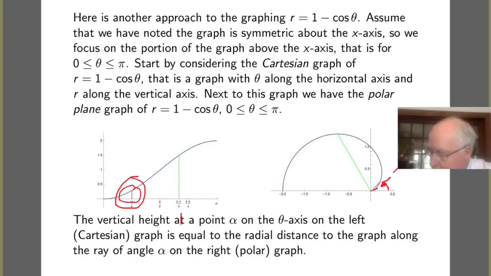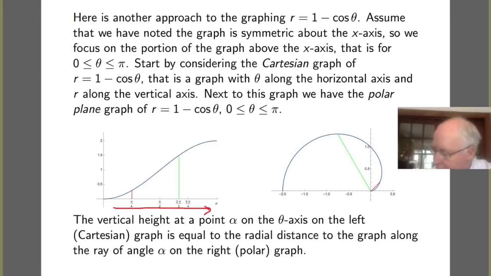Likewise, for the green segment here at 2 pi over 3, here's our angle of measure 2 pi over 3, and we've moved along this graph, and it turns out a distance of 3/2 to get to that point. So what this shows us is that as theta progresses from left to right along this horizontal axis, the r value gets bigger.